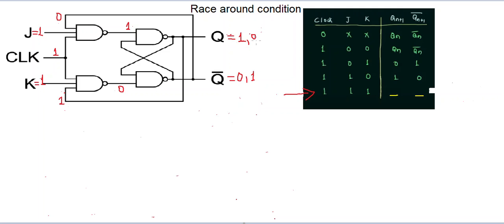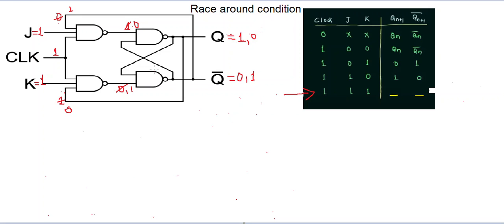Now, as I said, the output triggers a change in output again. When the output is 0, this is cancelled, it becomes 0 and this becomes 1. So this is again 1, 1, 0, so it becomes 1 and this becomes 0.